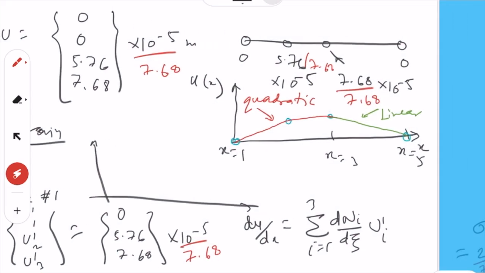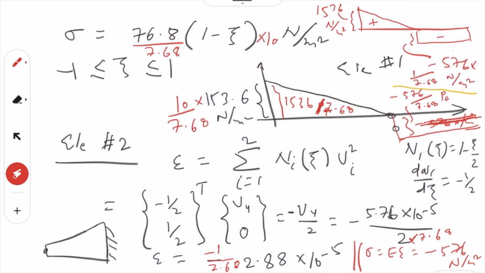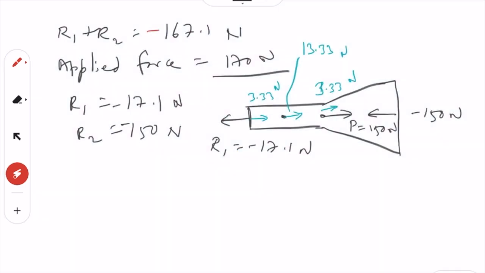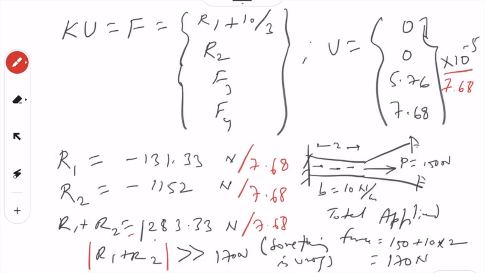So R1 is not correct. We got it just by dividing by 7.68.